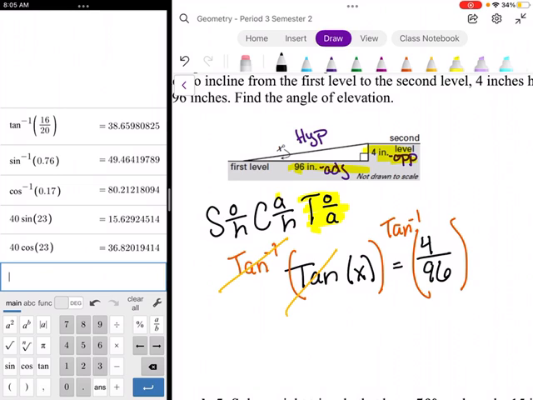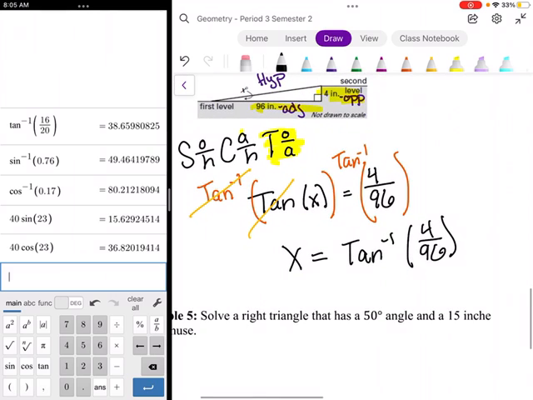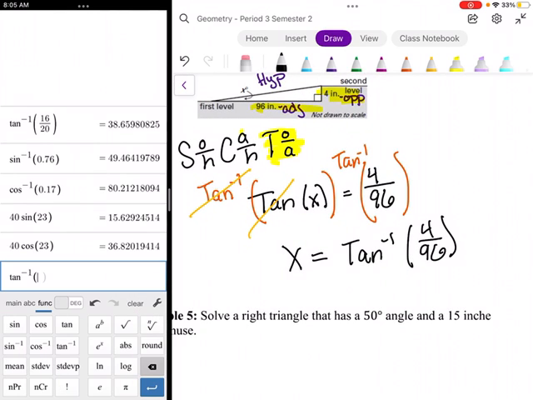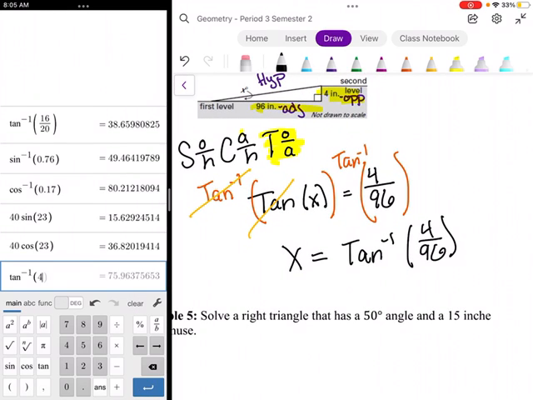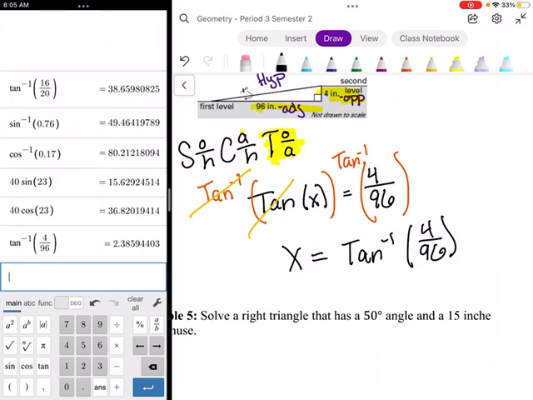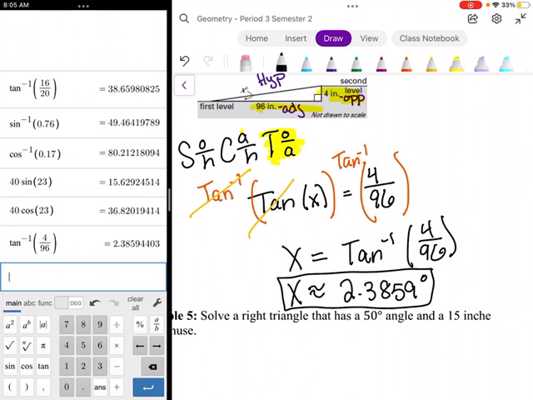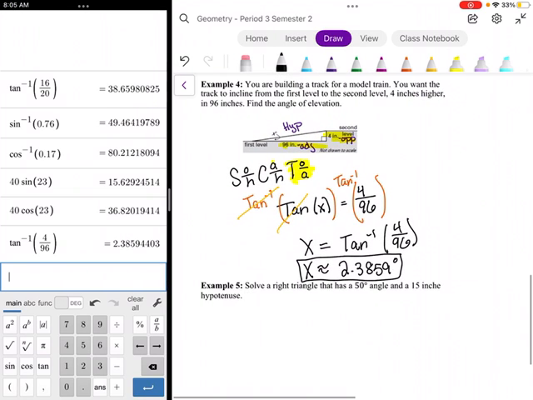So then we would get x equals tan negative 1 of 4 over 96. So let's type that into our calculator. And we would get about 2.3859 degrees. And that would be our answer.